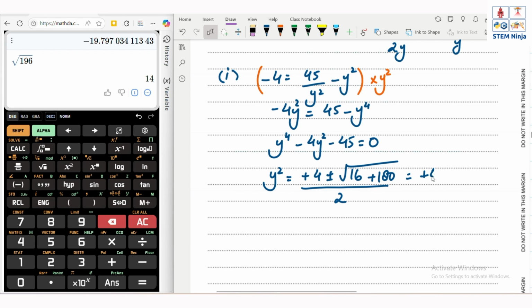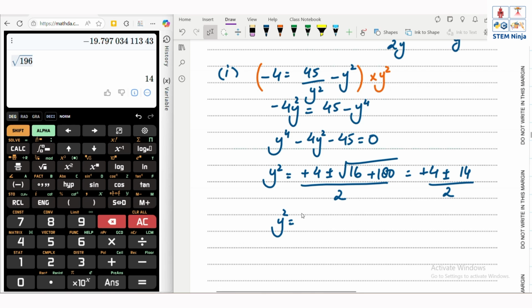So my plus 4 plus minus 14 divided by 2. So y squared would be 4 plus 14 divided by 2, which is 18 divided by 2, 9. And the other answer would be negative. So 4 minus 14, so minus 10 over 2, minus 5. So obviously this cannot exist. This, however, can result in plus and minus 3.